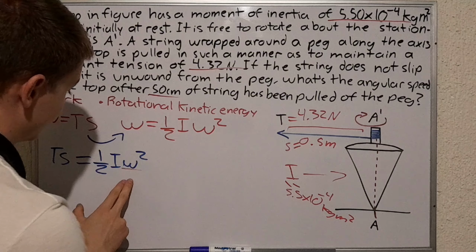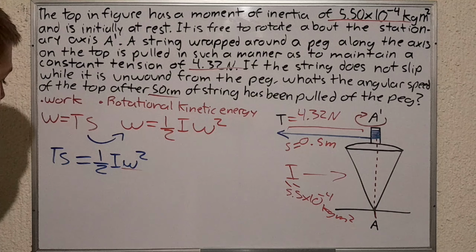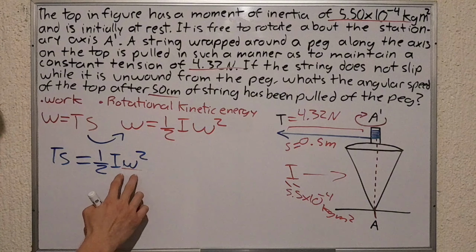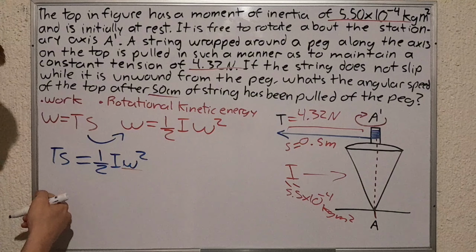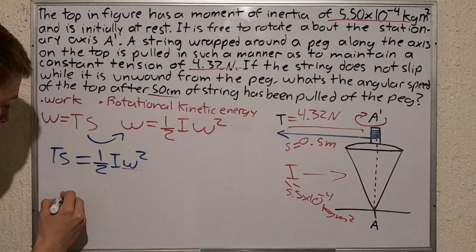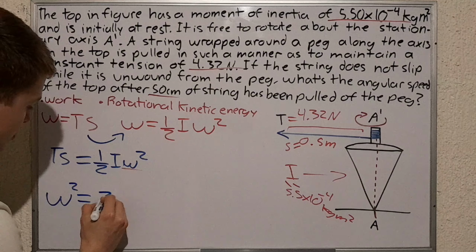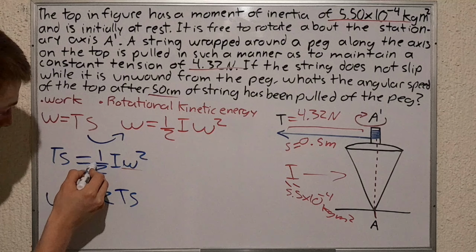Now, we need to clear this guy. For that, I'm going to grab this 2 that is dividing this whole couple of terms. It's going to go to the other side, multiplying, so it will be 2 times TS. Now we've got rid of this.